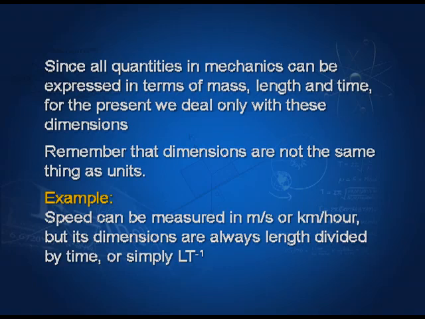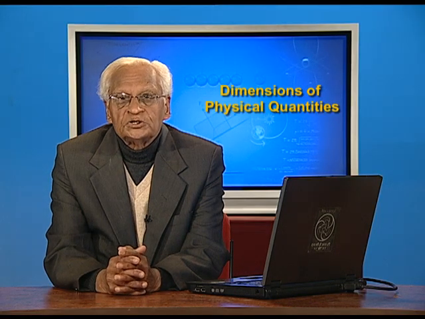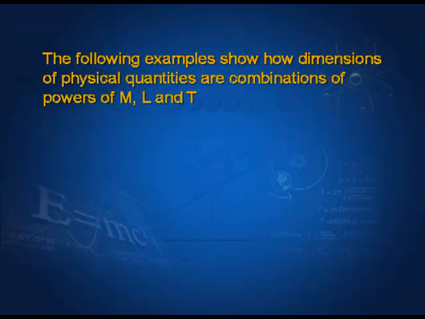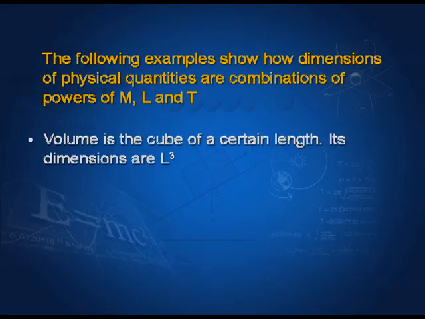For example, speed can be measured in units of meter per second or kilometer per hour, but its dimensions are always length divided by time, or simply L T to the power minus 1. The following examples show how dimensions of physical quantities are combinations of powers of M, L and T. Volume, for example, is the cube of a certain length.